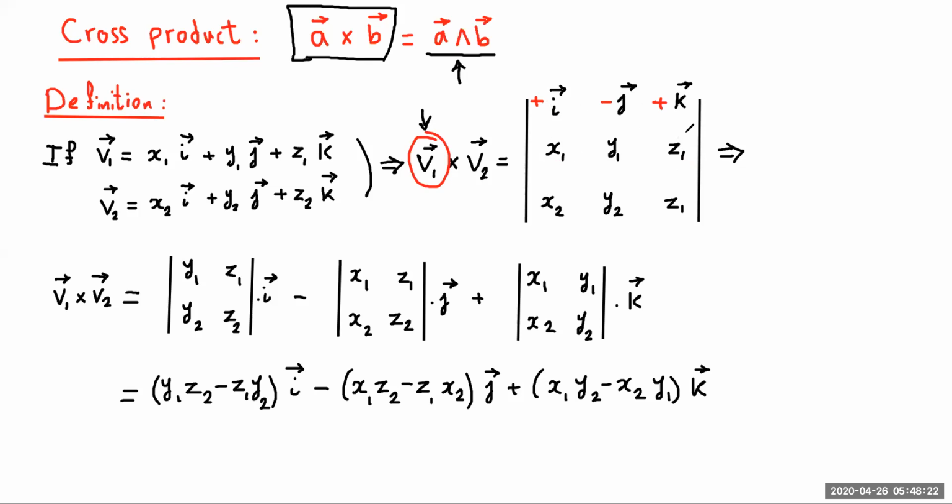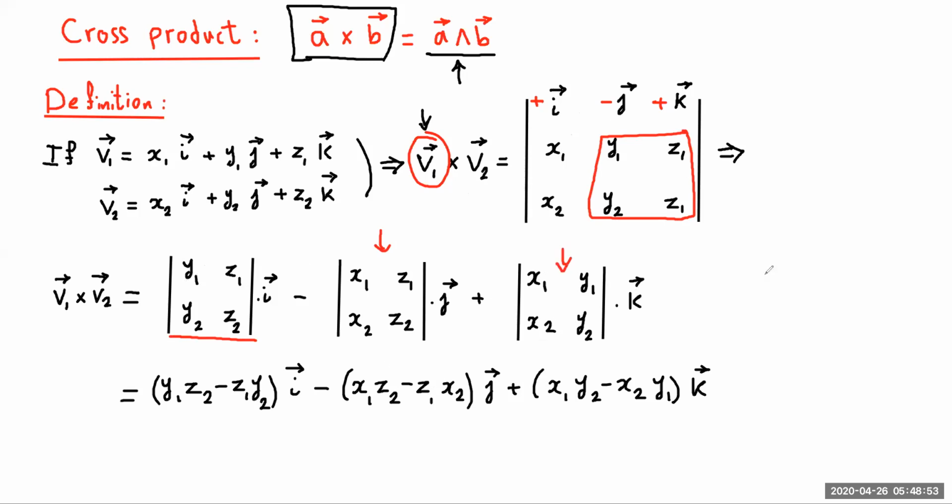So we will have this determinant times i, plus the second vector, minus j times the determinant after deleting the row and the column of j: x1, z1, x2, z2. Then plus k times the determinant of x1, y1, x2, y2.